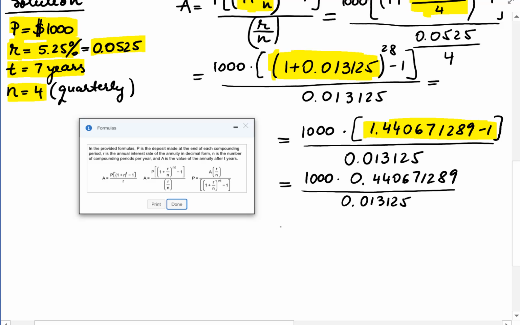So that is, 1,000 times 0.4406711289, and then we divide by 0.013125.